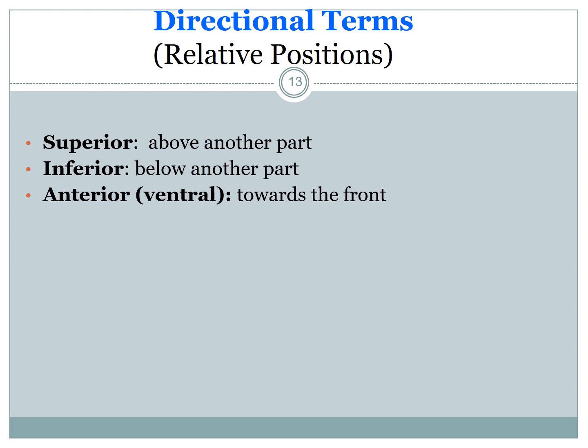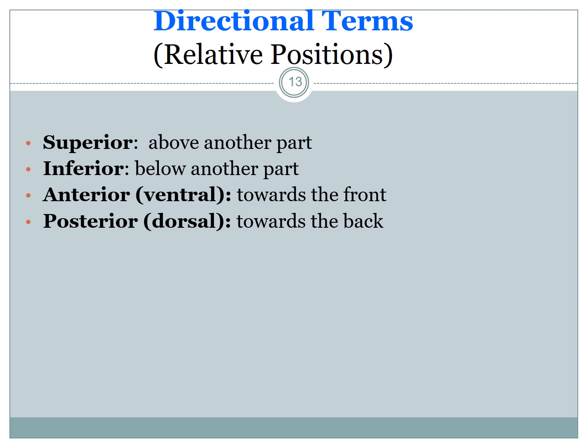Anterior or ventral means towards the front. Very often these terms can be used interchangeably. Ventral or dorsal are typically used when referencing structures on quadrupeds. These are animals that stand on all fours. Their correct anatomical position will be as they're standing on all fours.